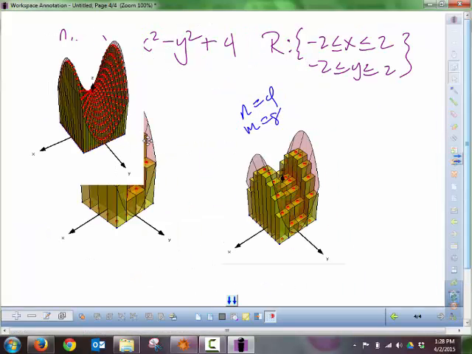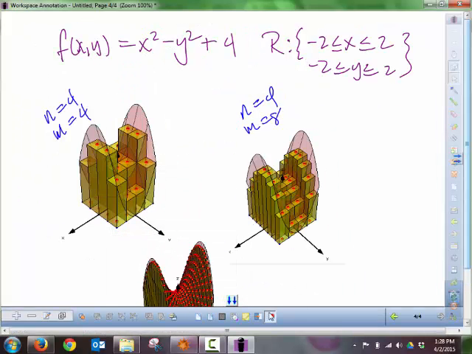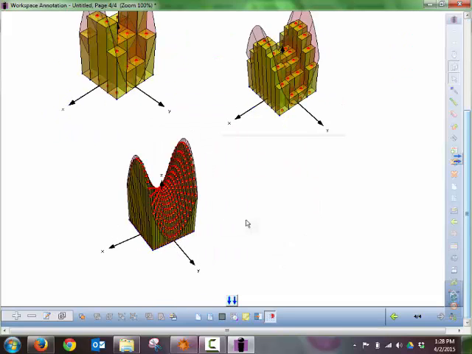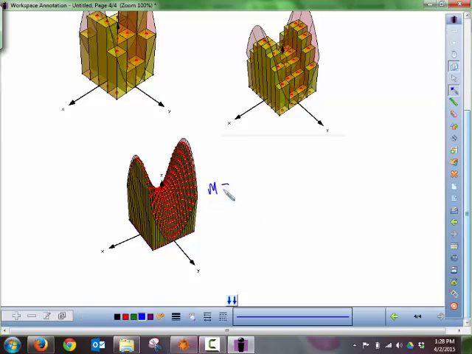Just like its counterparts back in Calc 2, where the more partitions you get, the better your graph's going to look, or the better your approximation is going to look. What was it again, 20? Okay.